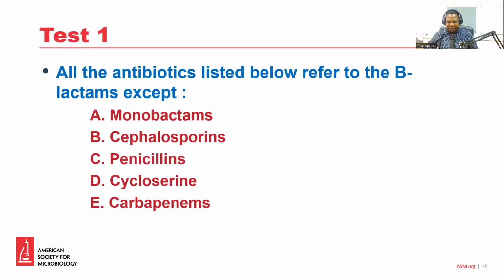So those were inhibitors of cell wall synthesis, and we tried to focus more on beta-lactams and glycopeptides as they are the commonly used antimicrobial agents. Then we will look at some knowledge tests to try to illustrate our understanding.